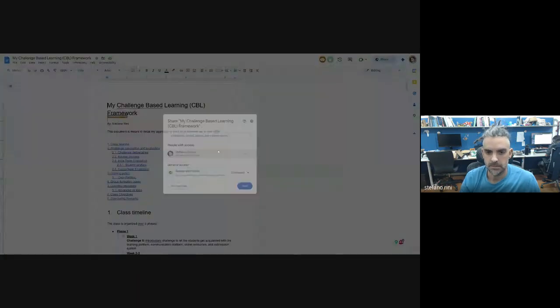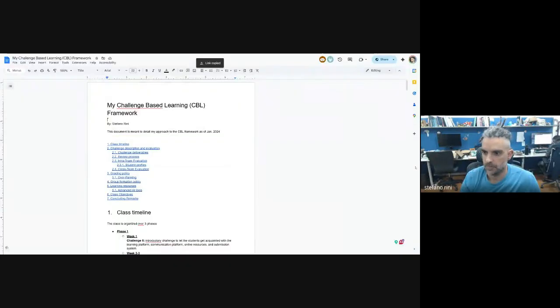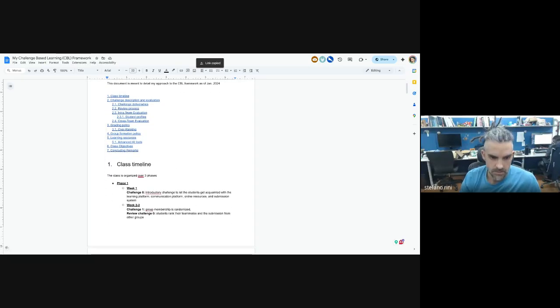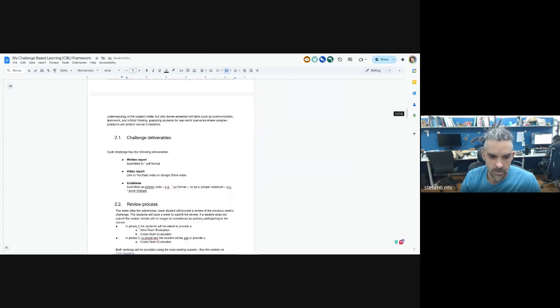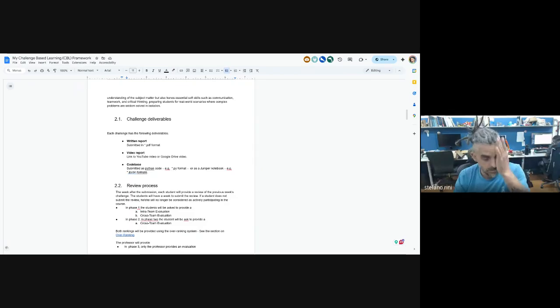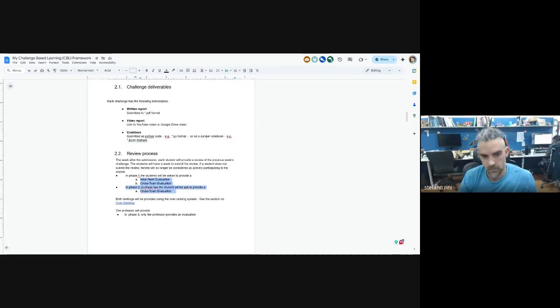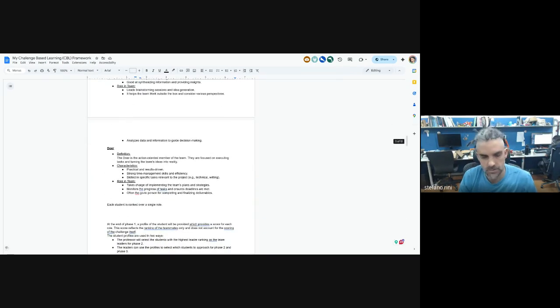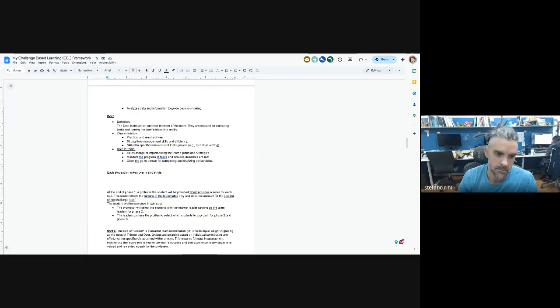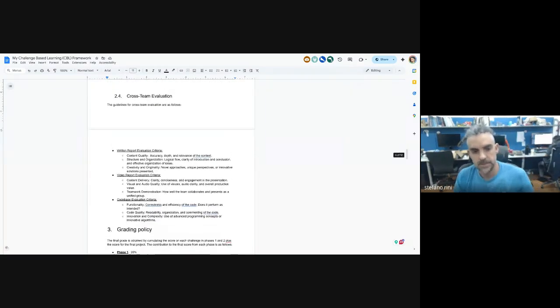So this is how everything is organized. Here you see that people have left different notes. This is what the report is going to be. What is the format? What is the review process? The different definitions that we use for grading. Basically we try to be as exhaustive as possible.